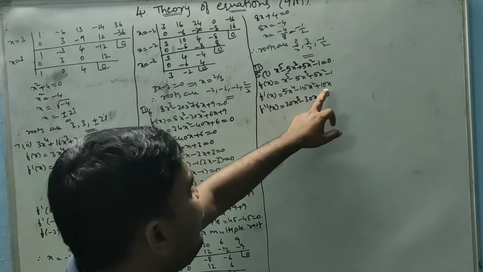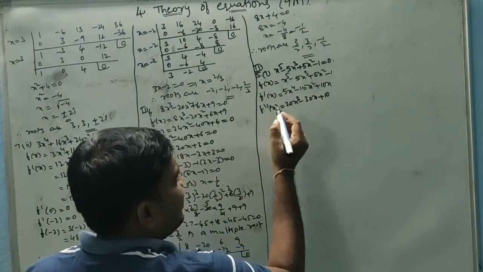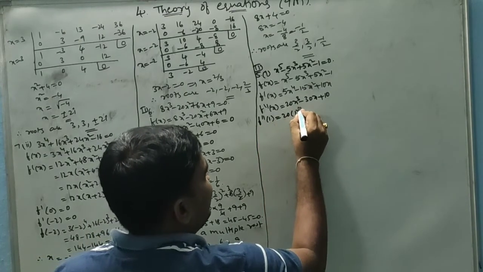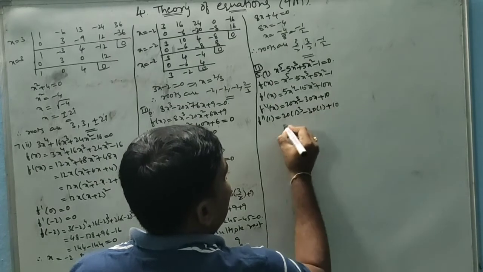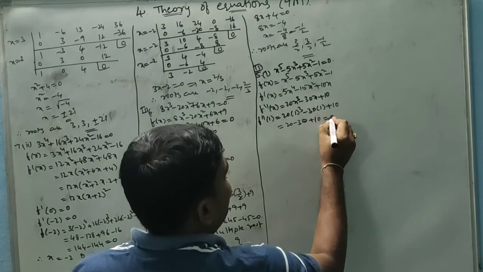So if we observe, f″(1) = 20 − 30 + 10 = 0.